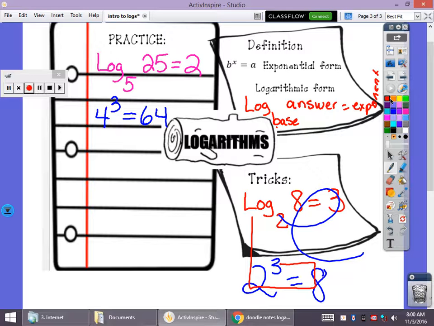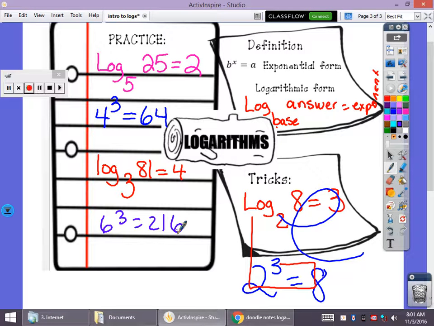Okay, so then let's do log of 3, 81 is 4. Okay, and then the last one, let's go with 6 to the 3 is 216.